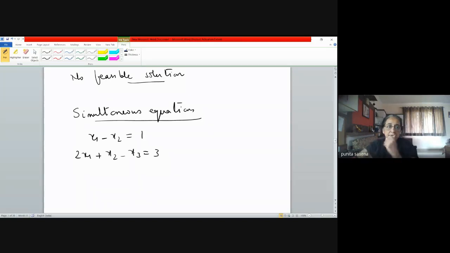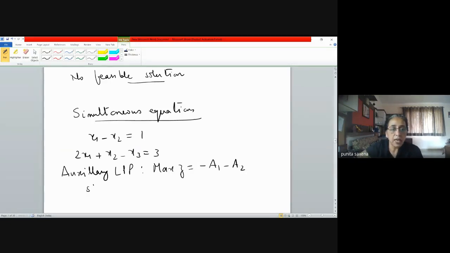Okay, in this case, I'll simply write my auxiliary LPP. There is no problem here as such, but since I need an objective function to begin with, I'll call my auxiliary LPP: maximize Z equal to minus a1 minus a2, because I have two equality type constraints, and these equations will then play the role of constraints in the linear programming problem.